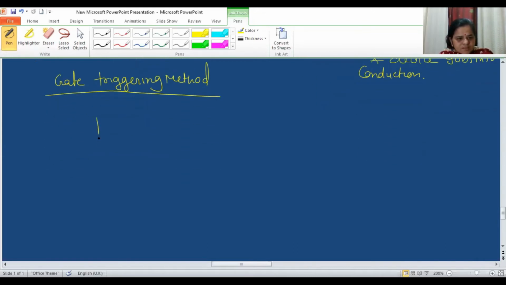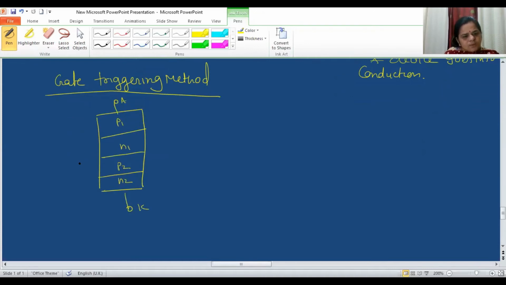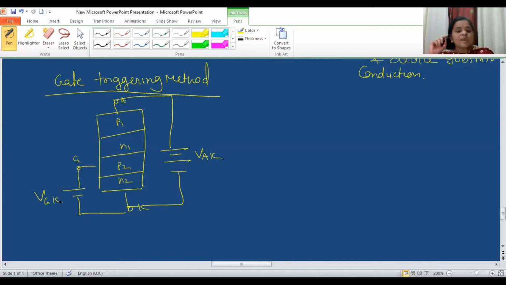In the gate triggering method, this is cathode, this is anode, this is gate. We apply the voltage across the anode cathode in positive forward bias condition, and apart from that we connect the gate cathode voltage also, making the gate positive with respect to cathode.